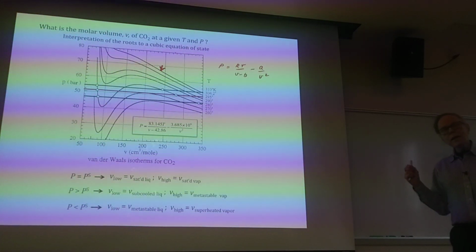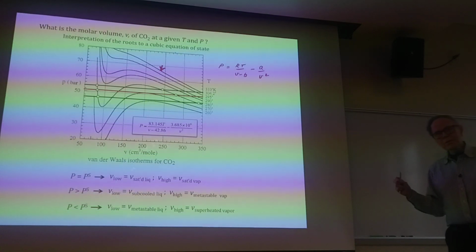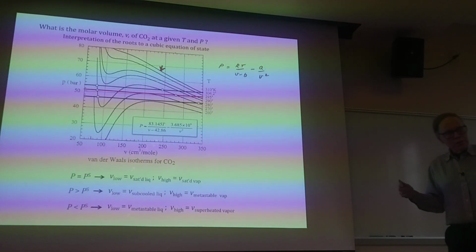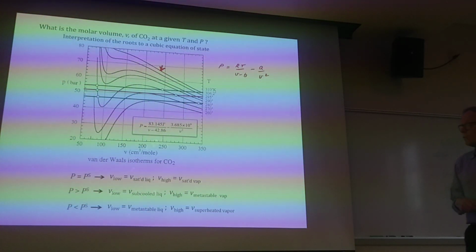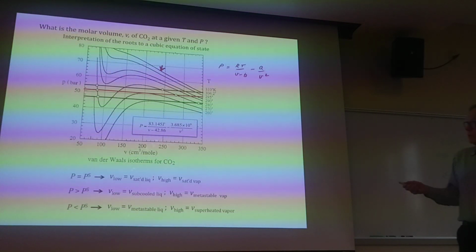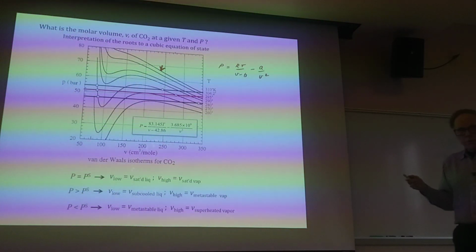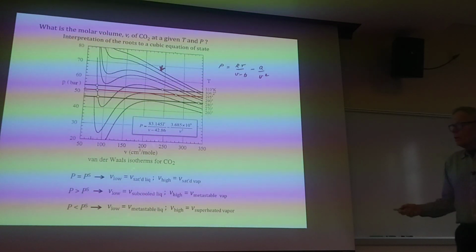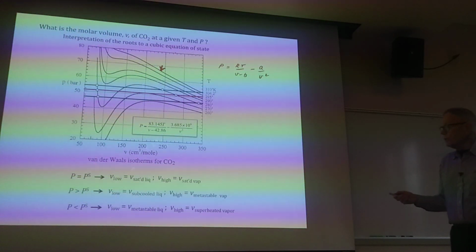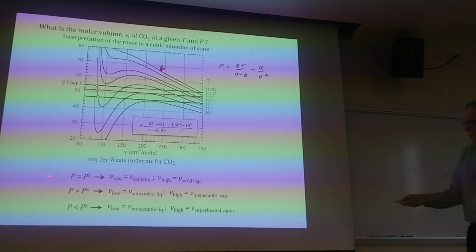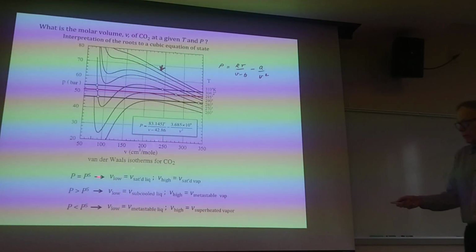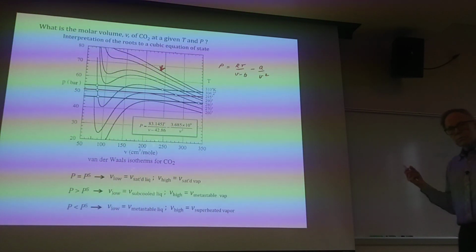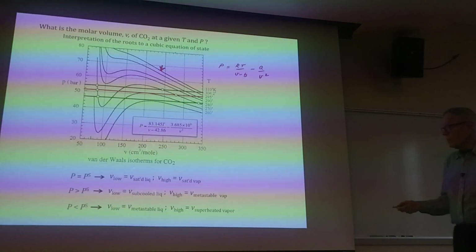But what if I'm not at the vapor pressure? At some other pressure, which is normally going to be the case. Then I have to ask what I get. So here I have to make a distinction on whether the pressure for the temperature of interest is above or below the vapor pressure. If I'm above the vapor pressure, here's how you interpret the roots that you get when you plug in your root finder.